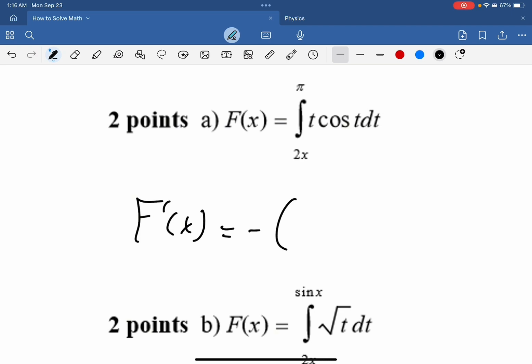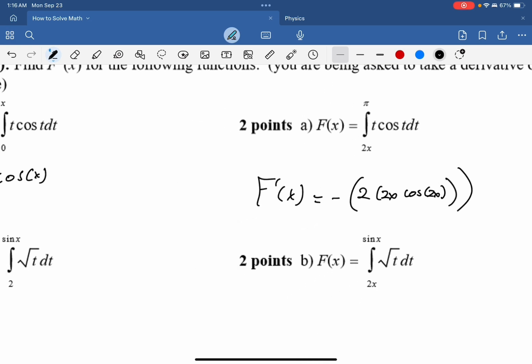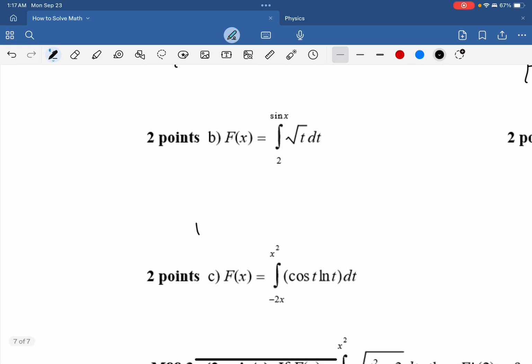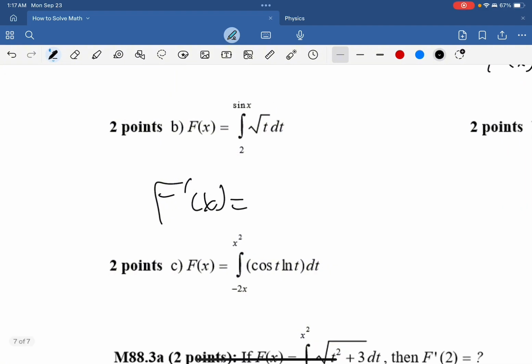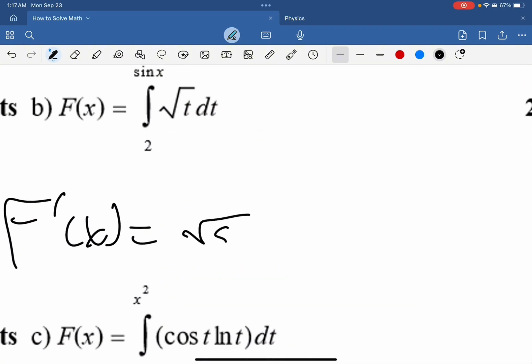Negative 2 times 2x cos of 2x. There you go. And then for this one, it's going to be f prime of x is equal to the square root of sine of x times cos of x, because you got to do a chain rule for these ones.